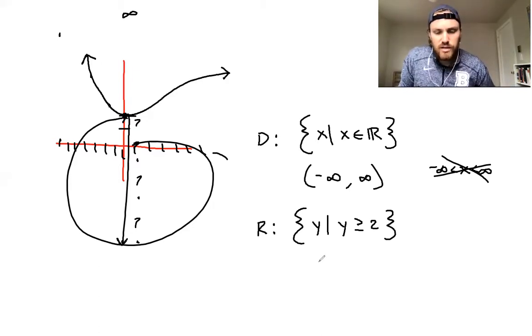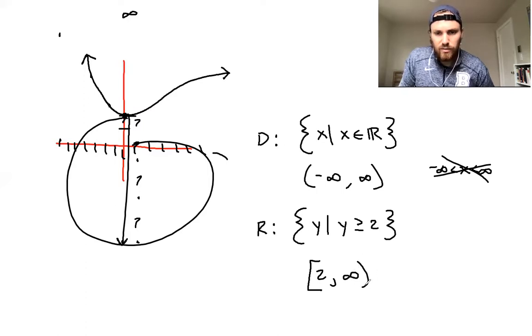In interval notation, our lowest value comes first, and our lowest y value is 2. So we'll write 2, comma, and then that's a bracket. The reason it's a bracket is because it's equal to 2. We want to include 2. And then we'd say comma infinity, parenthesis, because you can't include infinity.